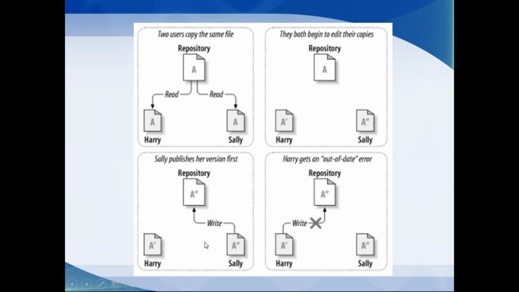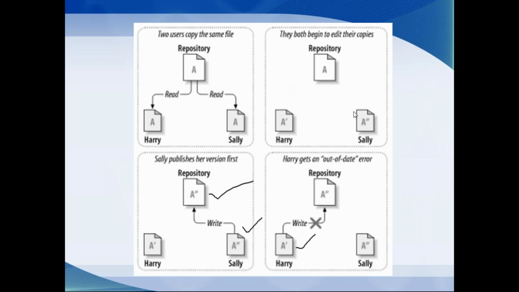And if someone, for example here in the third picture, Sally writes her changes to the repository, and whenever Harry commits the file, it doesn't work because the copy which Harry took was outdated. But if Harry commits this file, all the changes done by Sally will be overwritten.